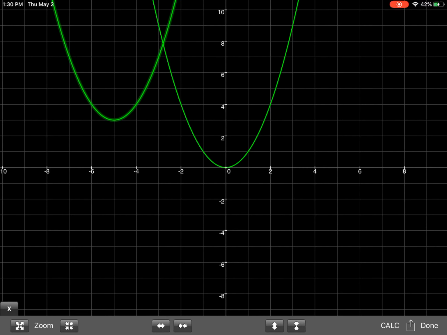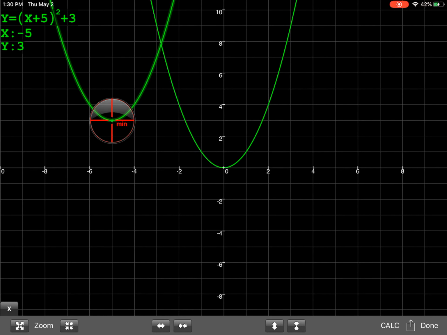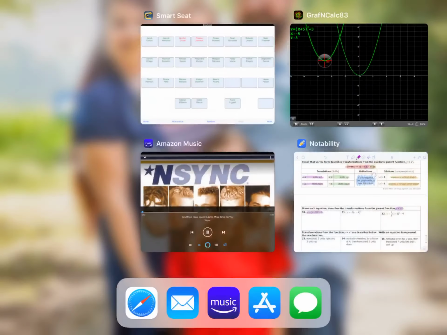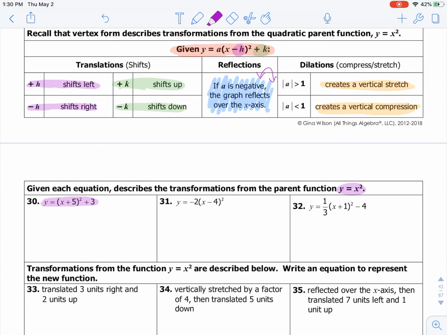Now that vertex is at 5. So my graph is going left 5. That positive 5 right here tells me that I'm going left 5. This 3 tells me that I'm shifting up 3.